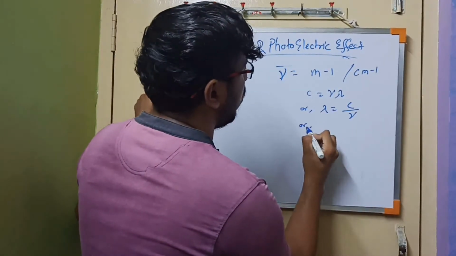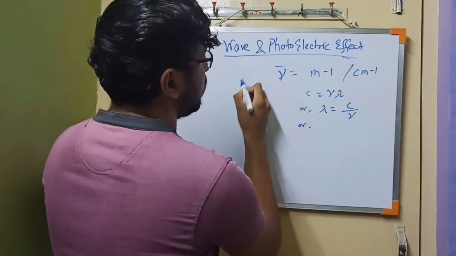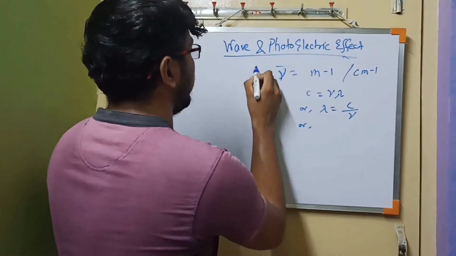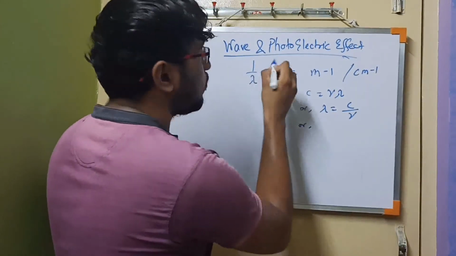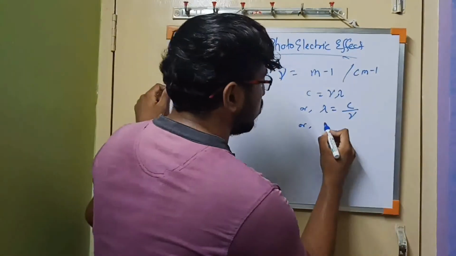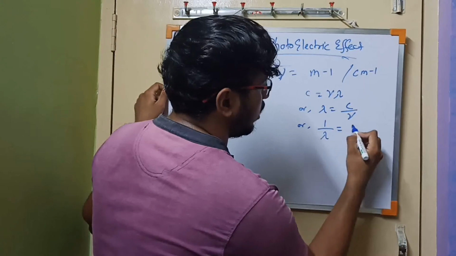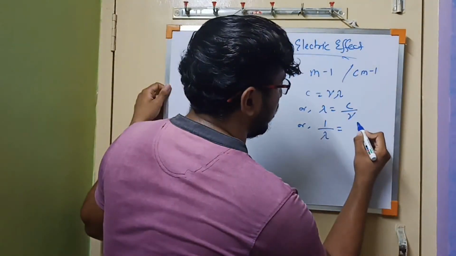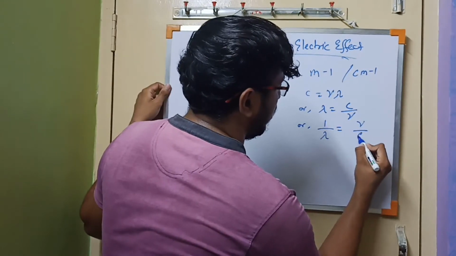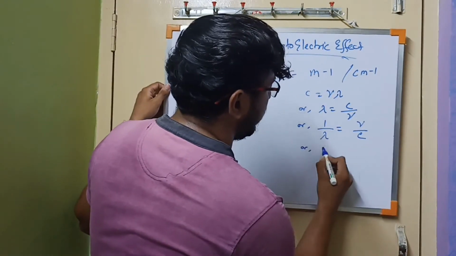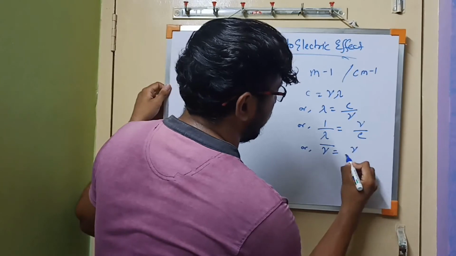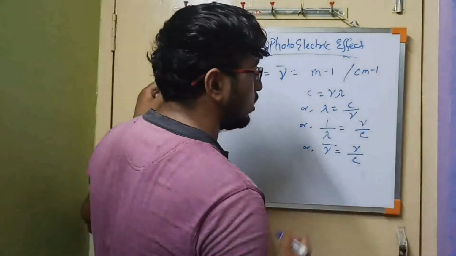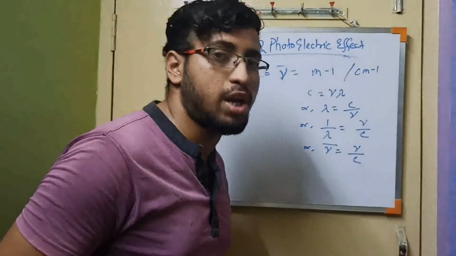Now wave number is just the reciprocal of lambda, or wavelength. That means 1 by lambda equal to wave number. So we can change the equation, or divide this equation by 1. This will be just opposite. So wave number is equal to frequency divided by the speed of light.